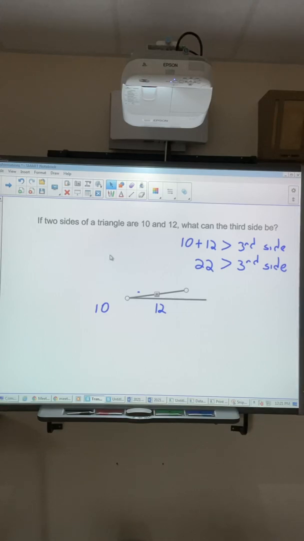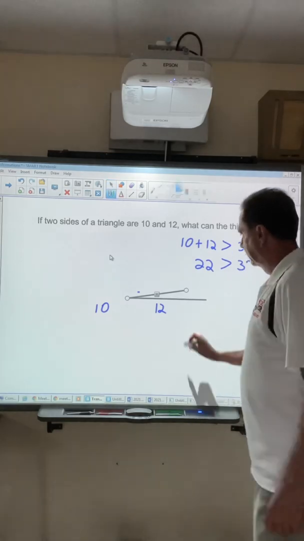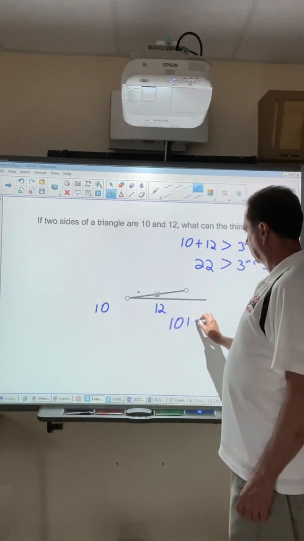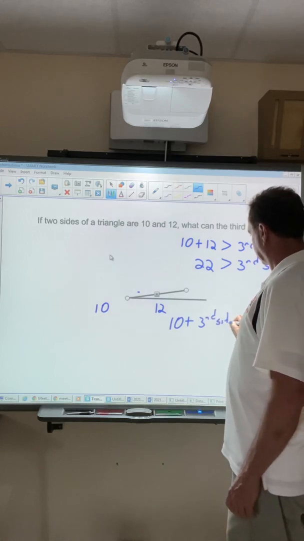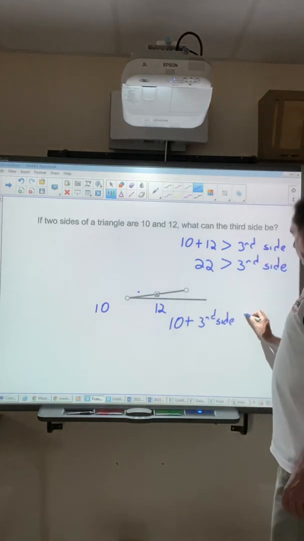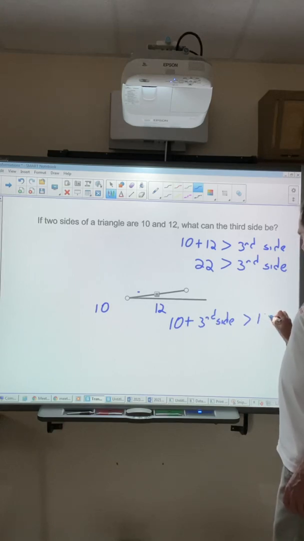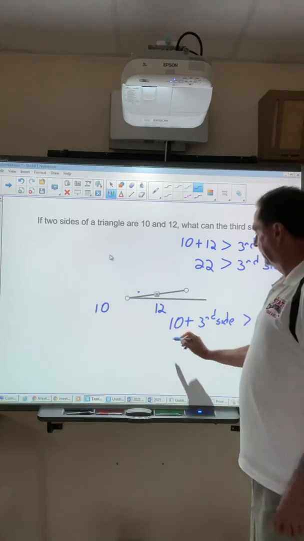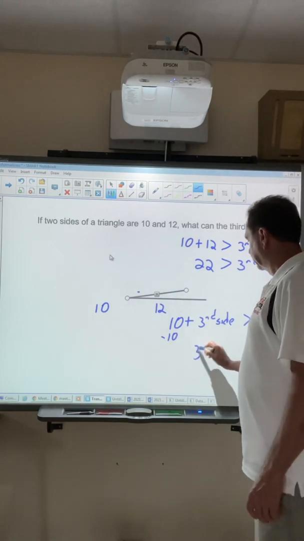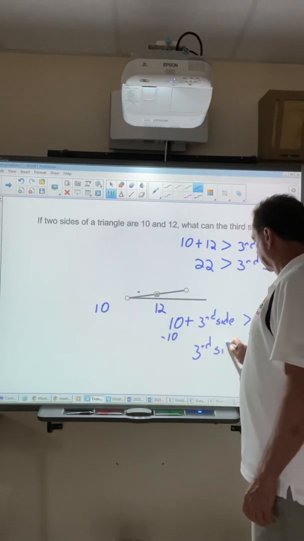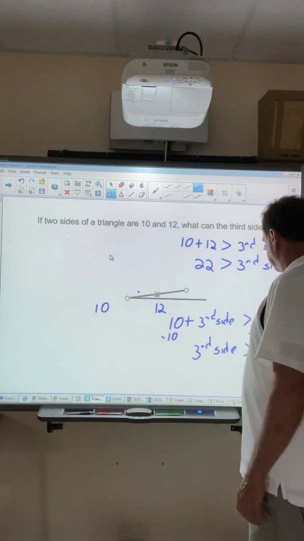Well, in this case, we know that 10 plus the third side, when added together, has to be more than 12. So if I subtract the 10 from each side, the third side has to be more than 2.